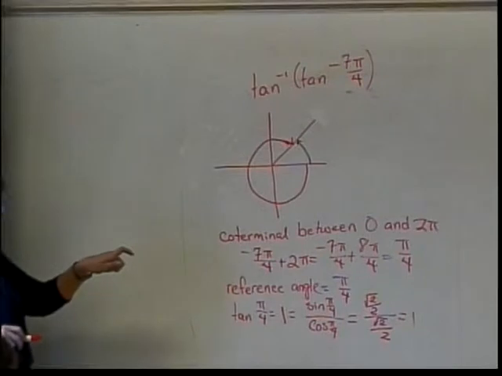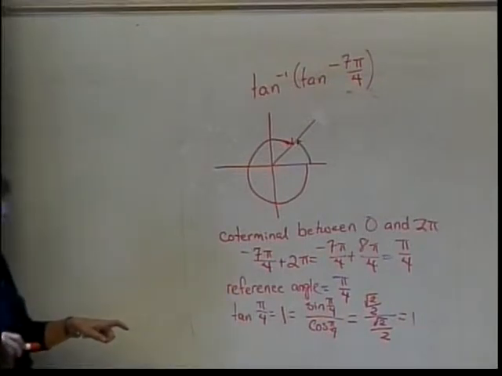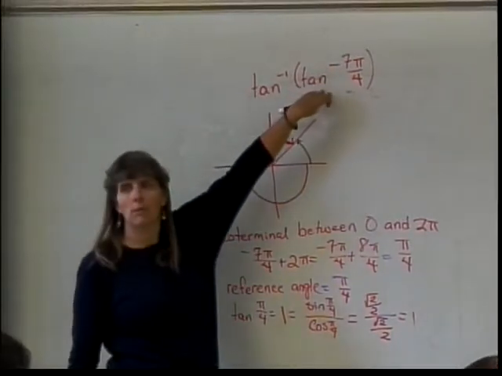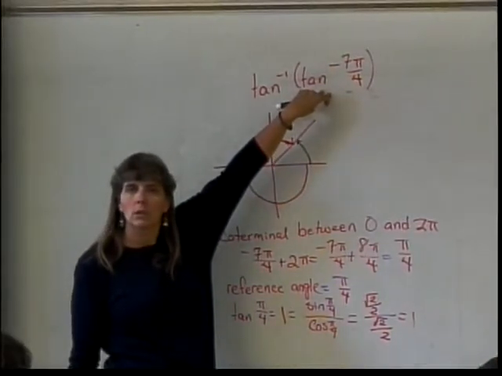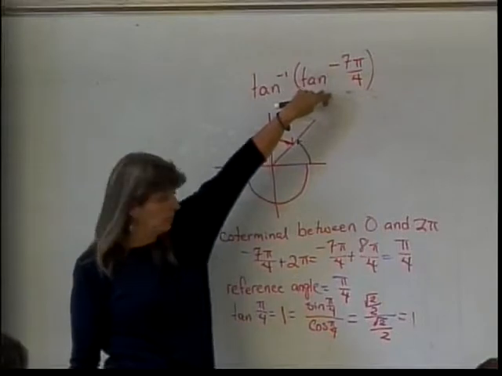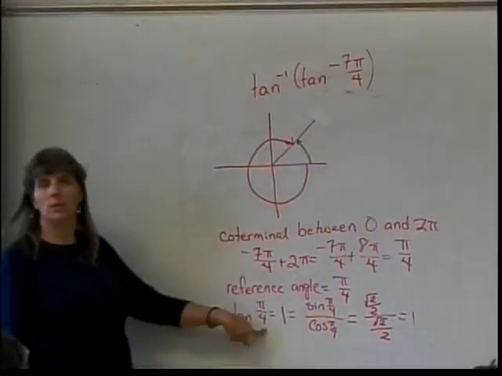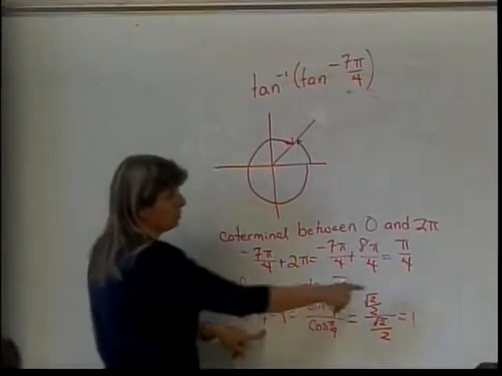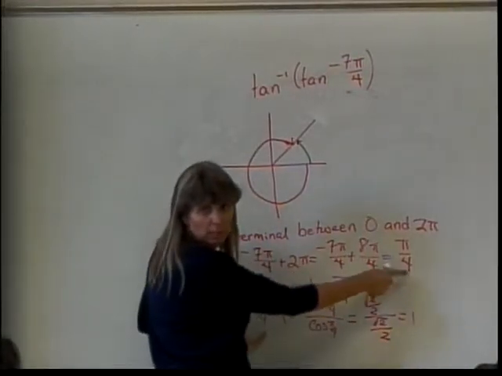All right. Now what? How does this tell me what the tangent of negative 7 pi over 4 is? It's going to be the same thing as pi over 4, because that was not only my reference angle but also my coterminal angle. So when it matches up, it matches up exactly.